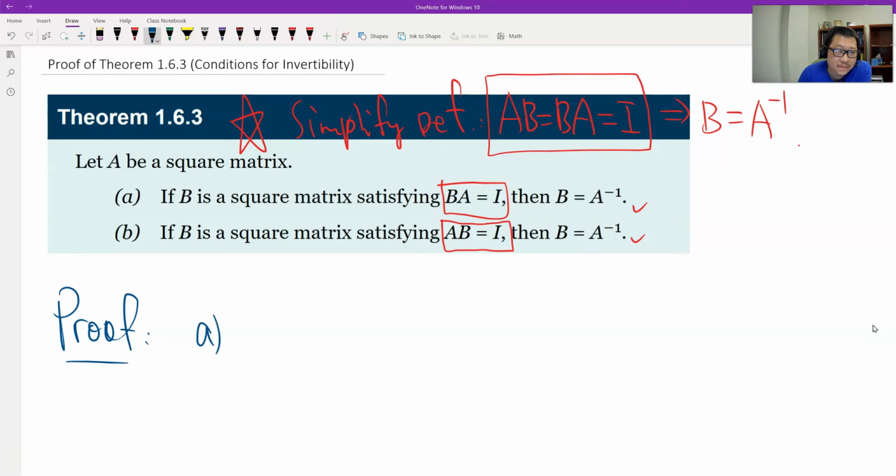Look at the first case. If B times A equals I, first we need to look at whether A is invertible. Suppose A is invertible.